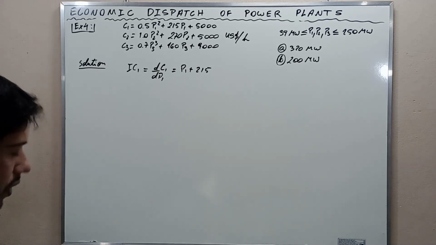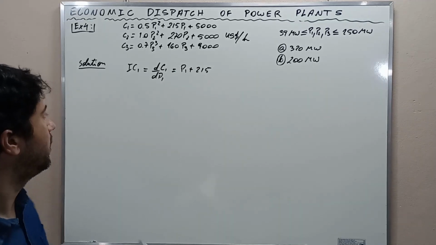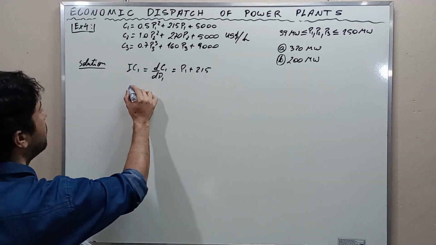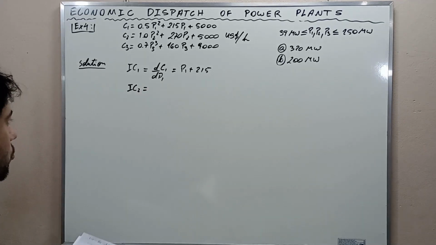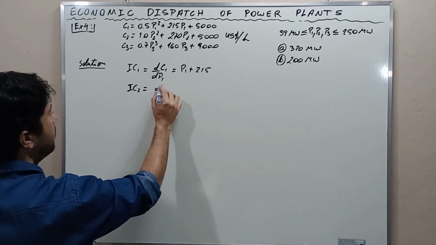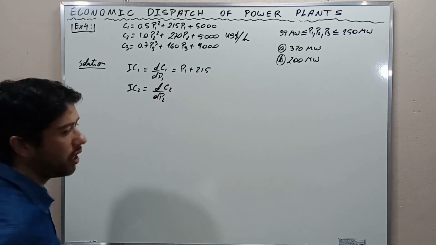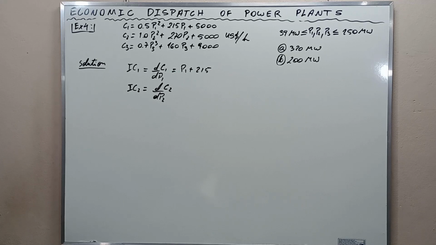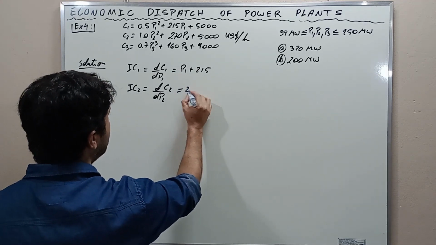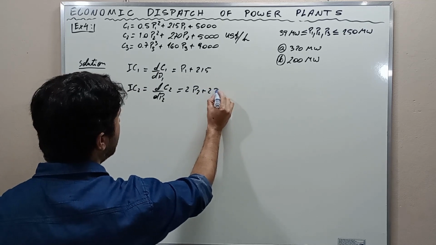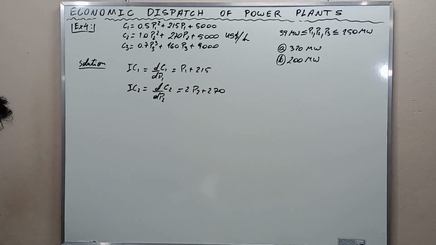Alright? This is in dollars per megawatt hour. The incremental cost of operating generating unit 2 is the derivative with respect to P2 of the cost of operating generating unit 2, and this is equal to 2 P2 plus 270 dollars per megawatt hour.